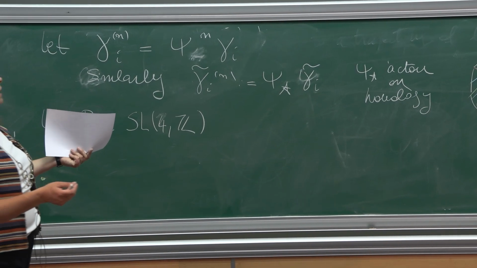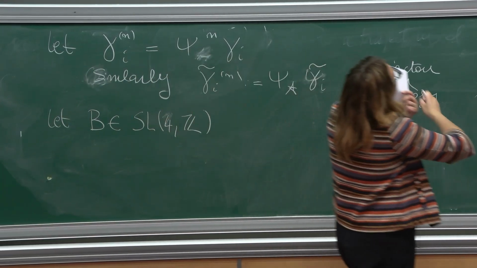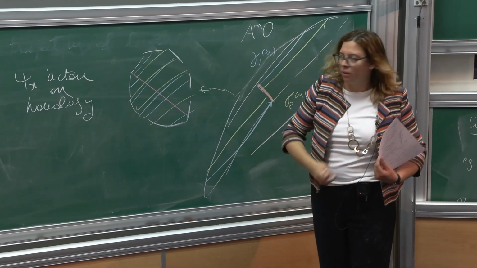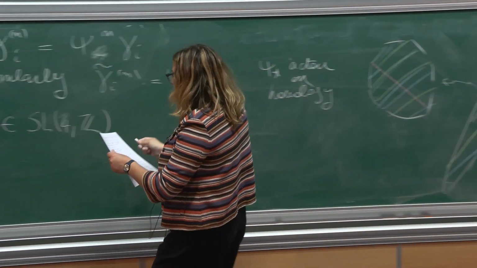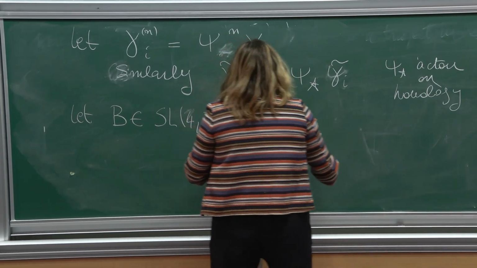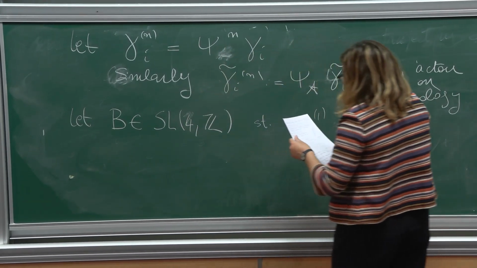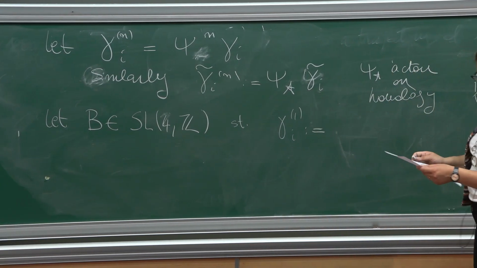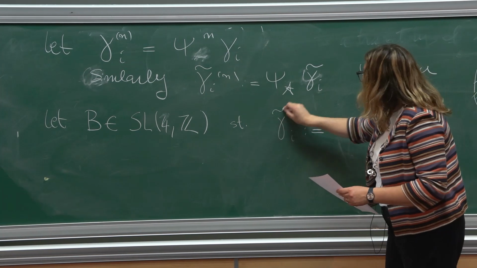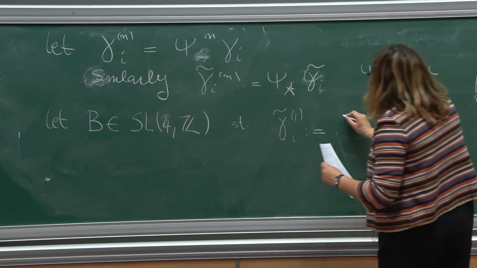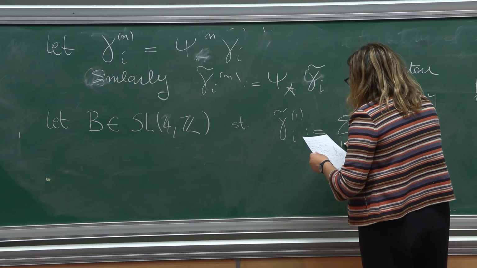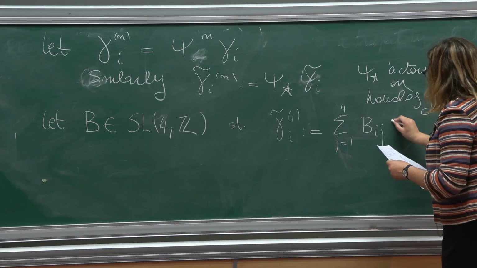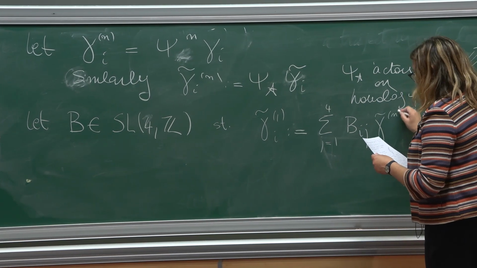It's a kind of change of basis in homology. So I want to write the new trajectories as combinations of the basic ones. So I do one step, and there will be a matrix such that gamma 1 i, sorry, let me write it with the tilde, but you can do it also without the tilde, is the sum over j from 1 to 4 of B i j gamma tilde 0 j.